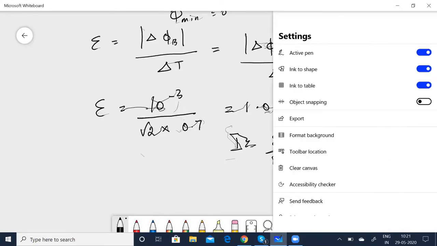So go through the data. Same way, you can say phi I is equal to BA cos theta, which is equal to 3 into 10 to the power of minus 5 into pi into 10 to the power of minus 2 into cos 0.